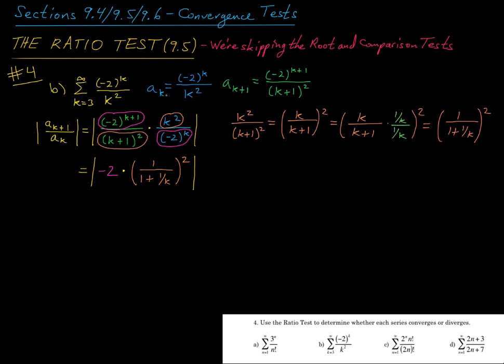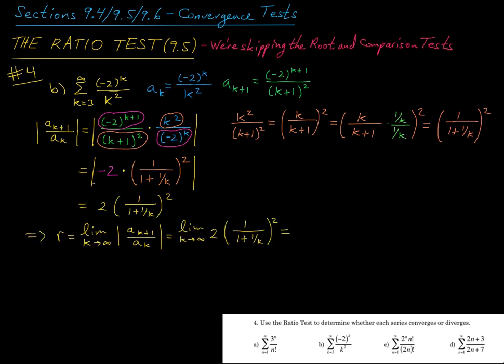Note a sub k in this case takes on both positive and negative values, so the absolute value is necessary. And I can remove the absolute value by just replacing the negative 2 with a 2. And so here I see that the value of r, which is the limit of this expression, is equal to 2 in this case.